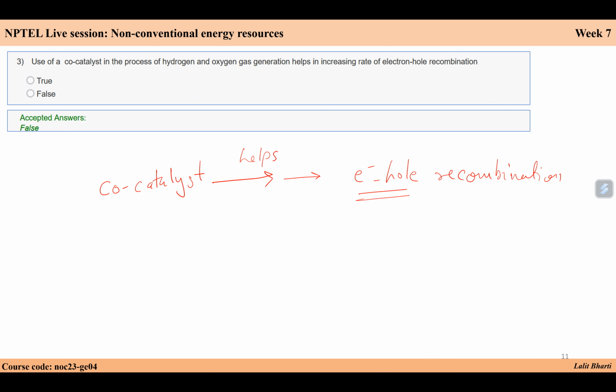For our hydrogen and oxygen gas generation reactions, we want to capture more and more electrons and holes. From our anode and cathode reactions, we are getting electrons on one side and holes on the other side, and electrons will help us complete this reaction.